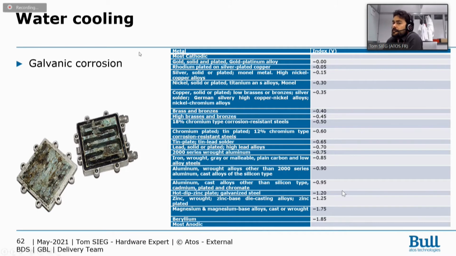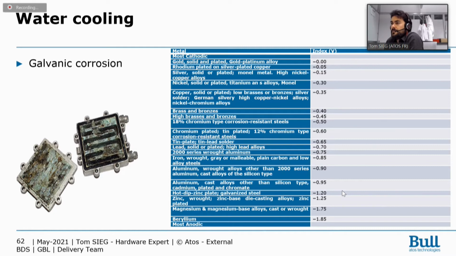And in case you have to discover this kind of problem, you can use a voltmeter and check the voltage on your circuit, because it's a battery effect, a voltage generation effect. So you will be able to analyze it, discover it, and find from the voltage generated which metal mix you made.